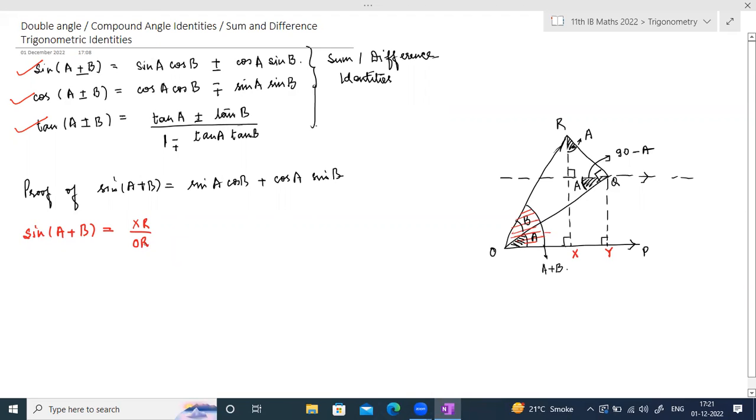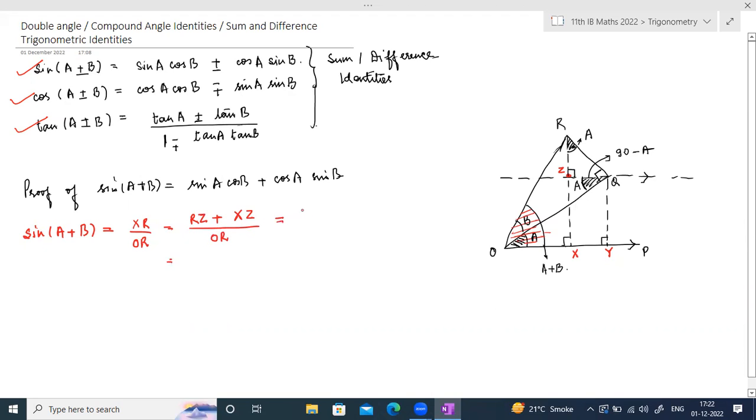Sine is opposite over hypotenuse, right? And RX can be broken down into, let's say this point is Z, RZ plus XZ, and OR can be written as it is.